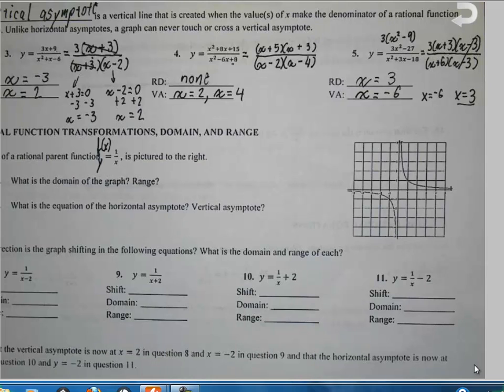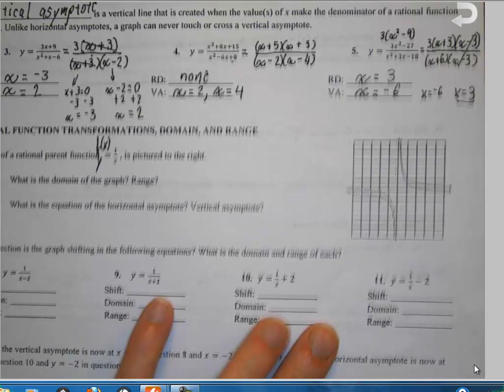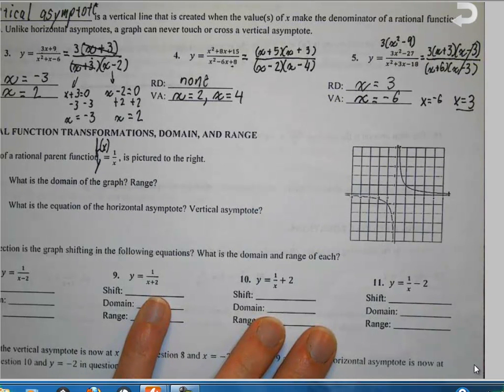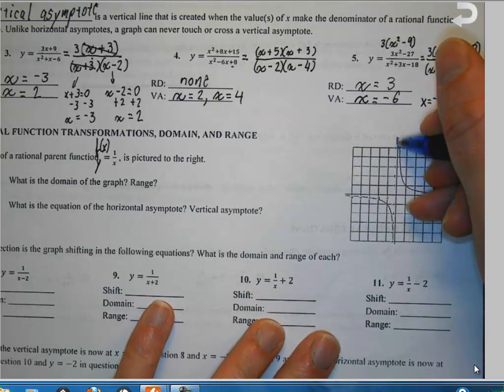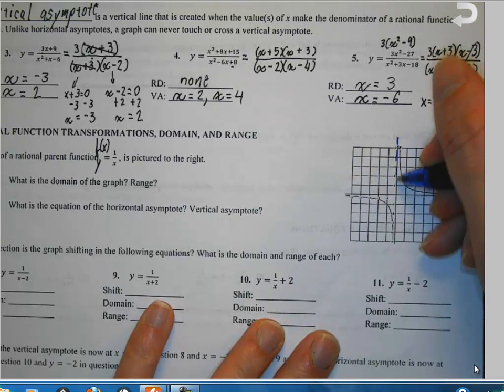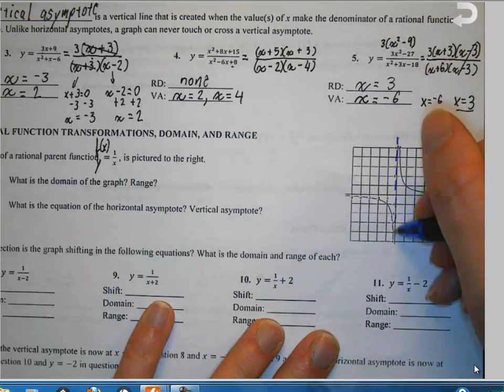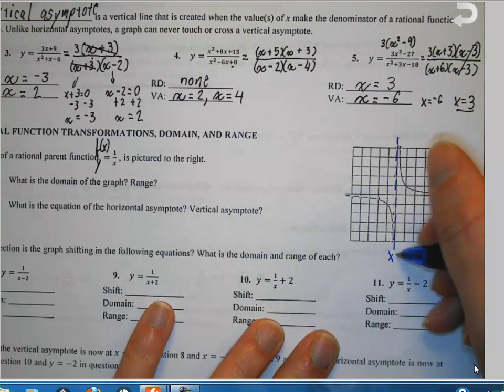They're asking you for the domain, the horizontal, and the vertical asymptotes. Now, the easiest way to do this is to find the asymptotes first, and just remember that where the asymptote is, the set is not. So, let us start with the vertical asymptote. The vertical asymptote of the rational parent function is right here where x is equal to 0.